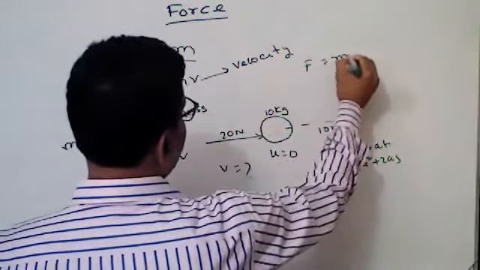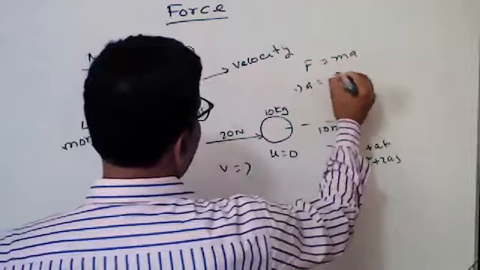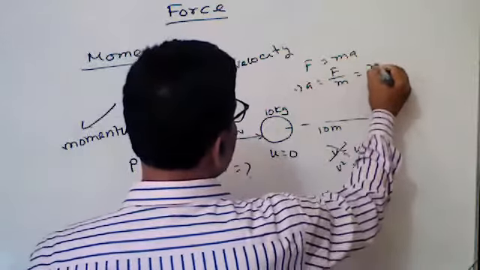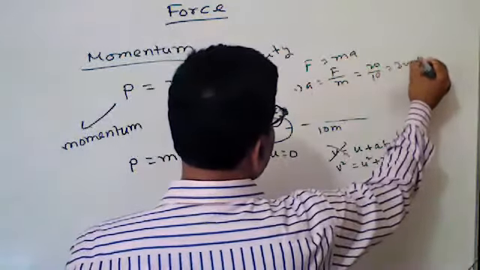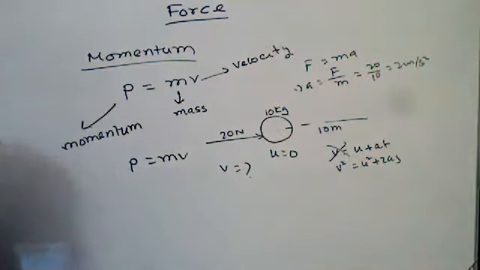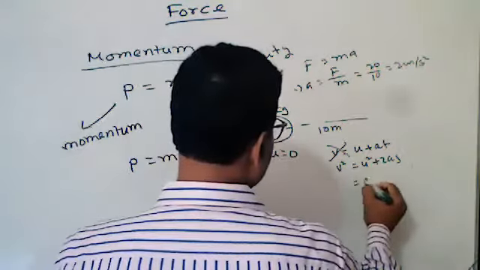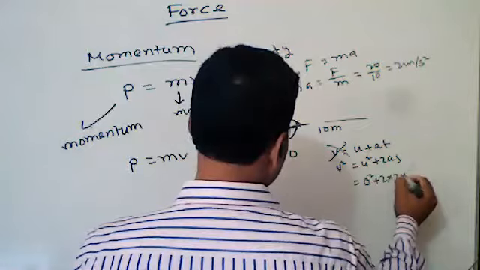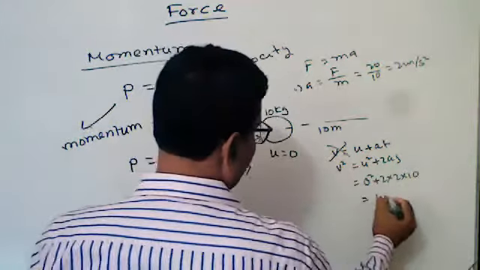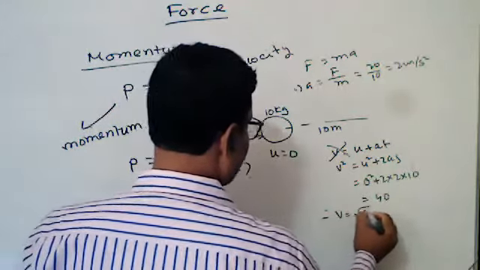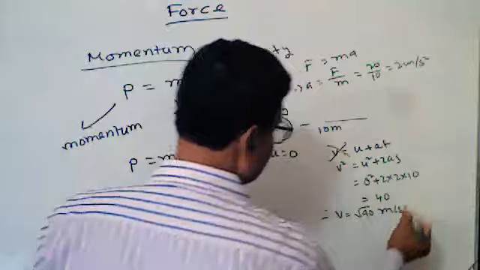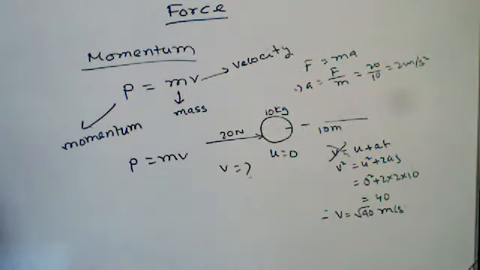F equals ma, so a equals F by m. So a equals 20 by 10, that means 2 meter per second square. Okay. Now you can put the value here and get v. v square equals u square plus 2 into 2 into s, where s means 10. So that is 40. So v equals root over 40, that is the final velocity, root over 40 meter per second.